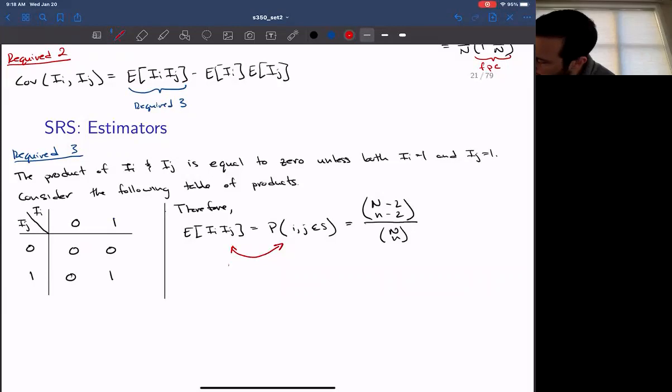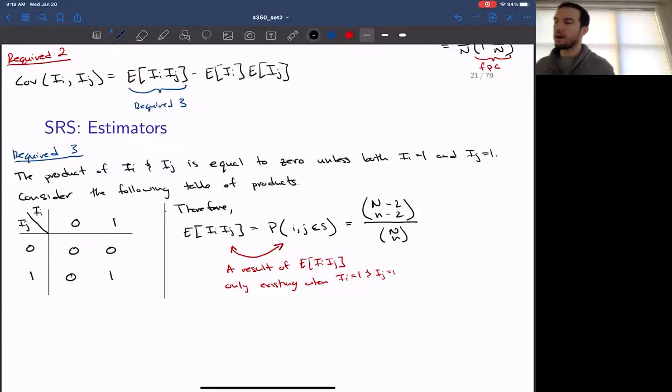So this is a result of the expected value of I subscript i times I subscript j only existing when I_i equals 1 and I_j equals 1.